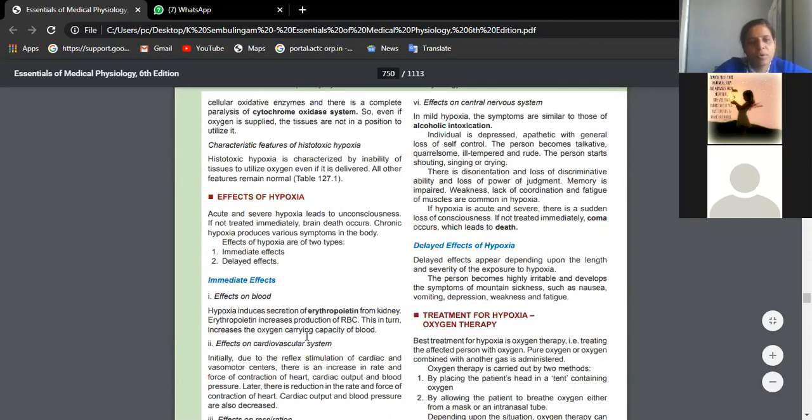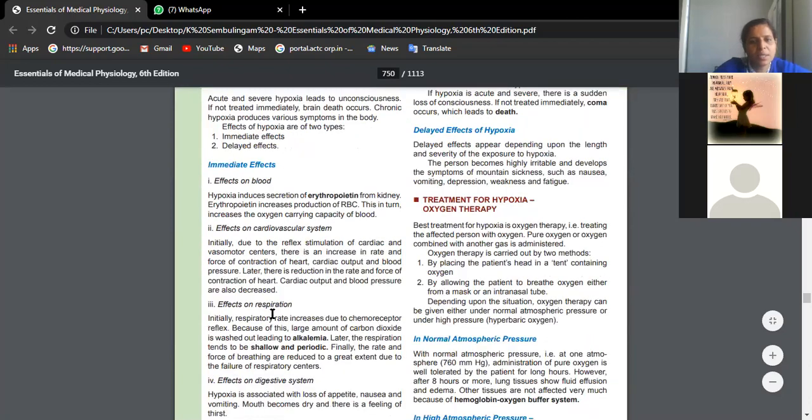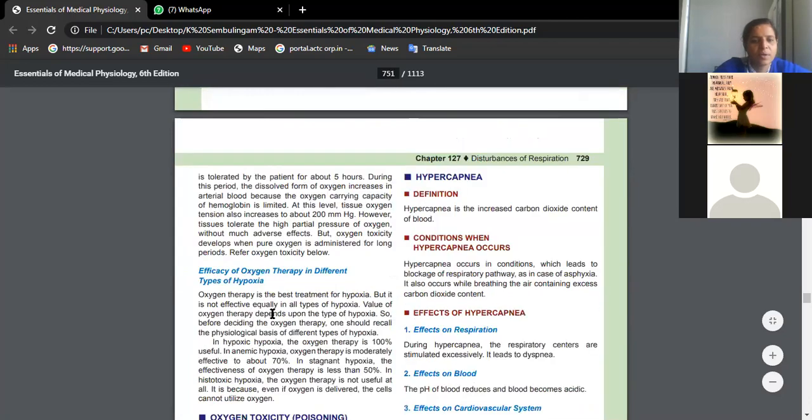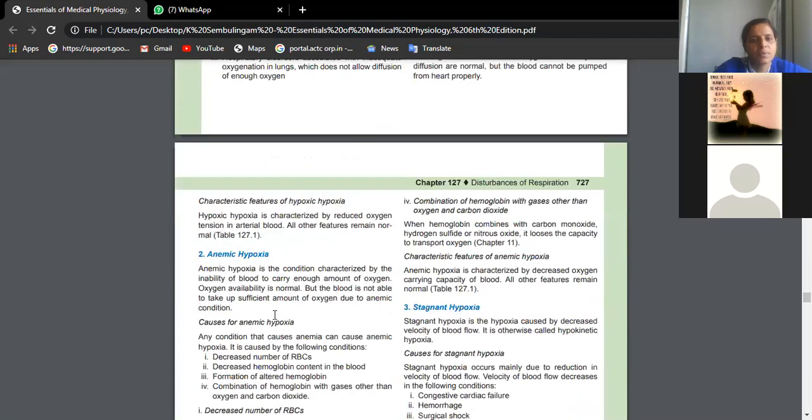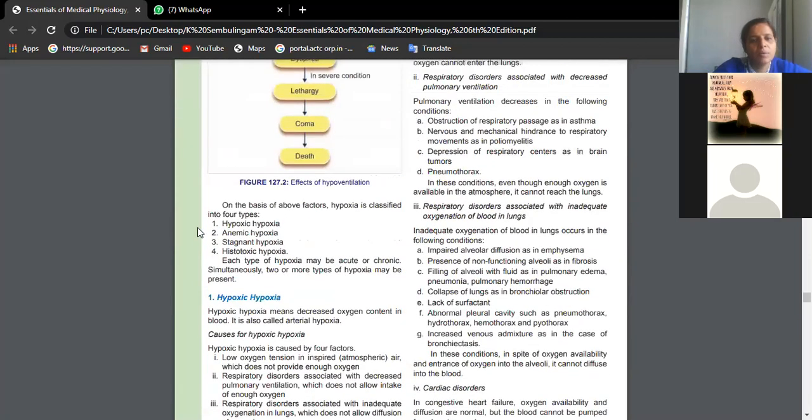Hypoxia, as you said, low oxygen concentration in the blood, is nothing but hypoxia. So we have different types of hypoxias. Anyhow, this is a 3 marker. Hypoxic, anemic, stagnant and histotoxic. Hypoxic means low oxygen concentration in the atmosphere. Anemic means RBCs are low, though everything else is normal; because RBCs are low, the oxygen pumped to the tissues is less.